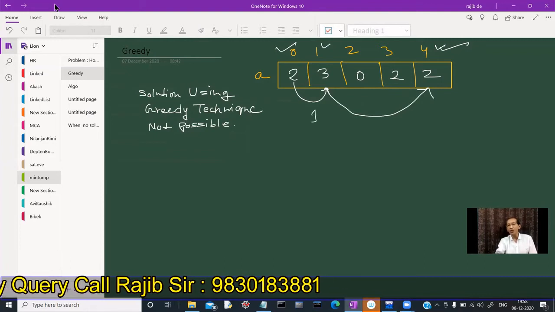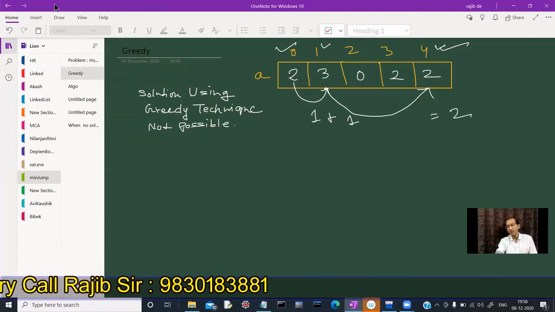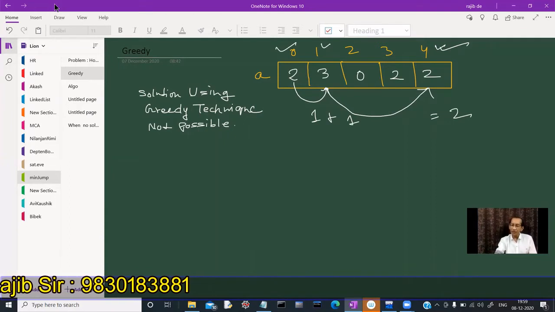How many jumps are we taking? Only 2 jumps, and we have a solution. So the greedy technique doesn't always give the solution, and even if it does, it may not give the optimum solution.